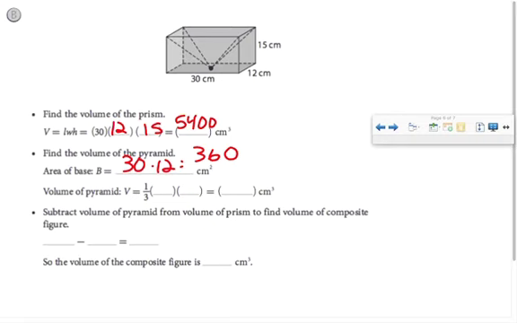So that means that the volume of the pyramid is 1/3 of 360 times its height, which is 15, which gives us 1,800 cubic centimeters. Subtract the volume of the pyramid from the volume of the prism. We get 3,600.